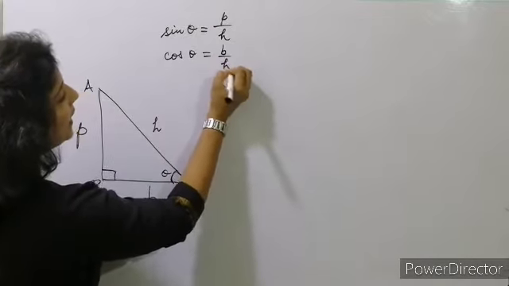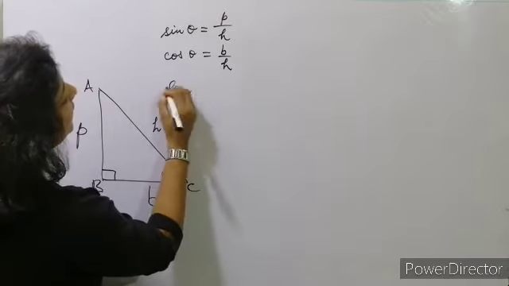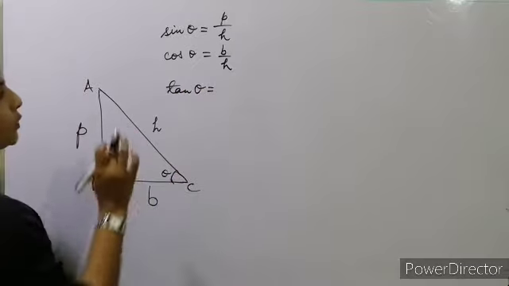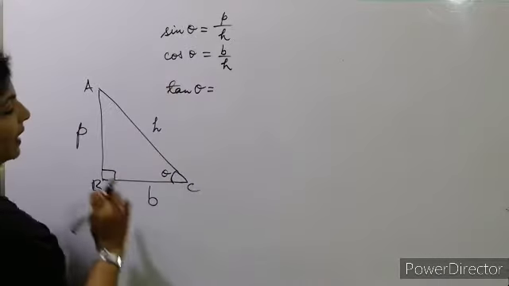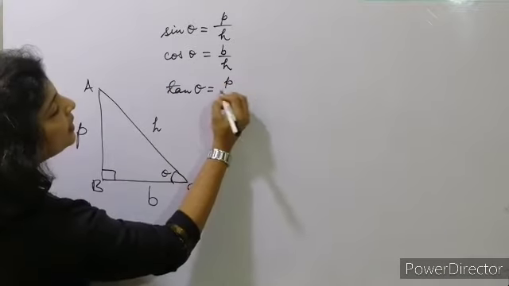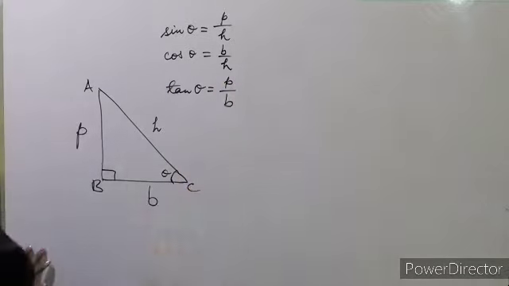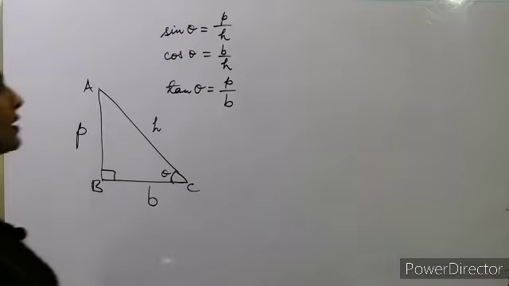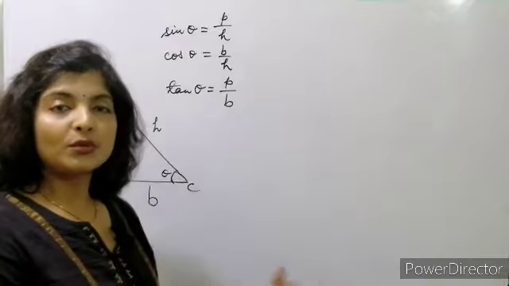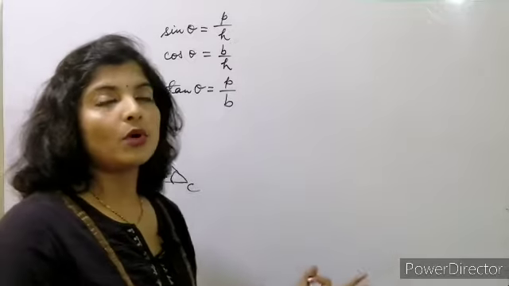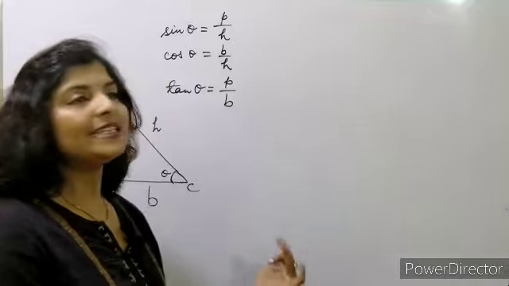And tan theta will be equal to sin by cos, so it will be P by B. So these are the values of sin, cos, tan. Sin is sine, cos is cosine, tan is tangent.